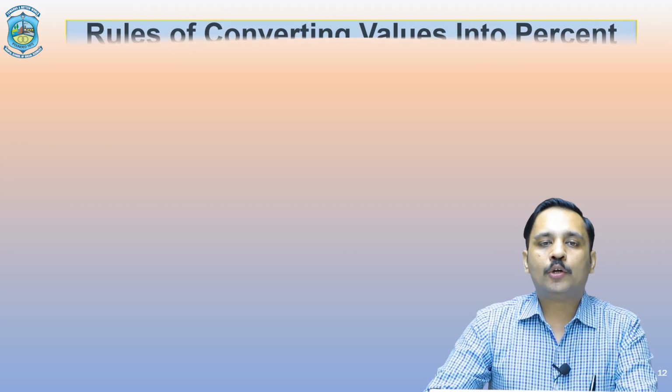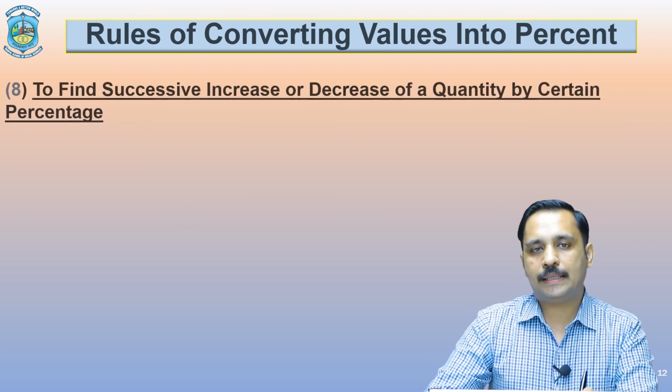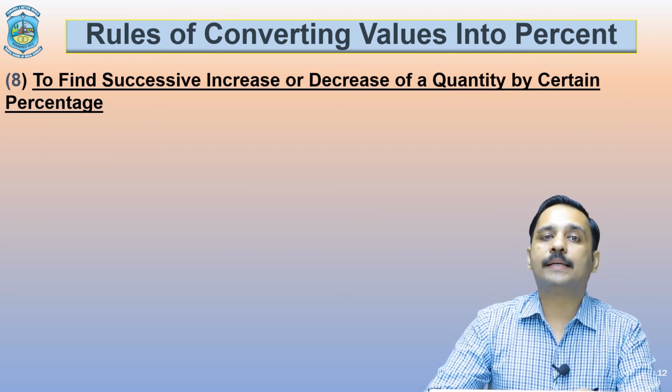The next rule, to find successive increase or decrease of a quantity by a certain percentage.